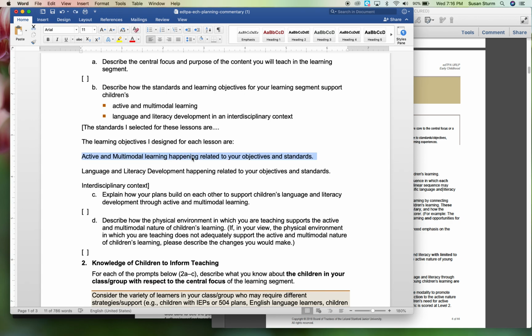So let's say that you're teaching that early childhood lesson where the central focus is writing a narrative using descriptive language.